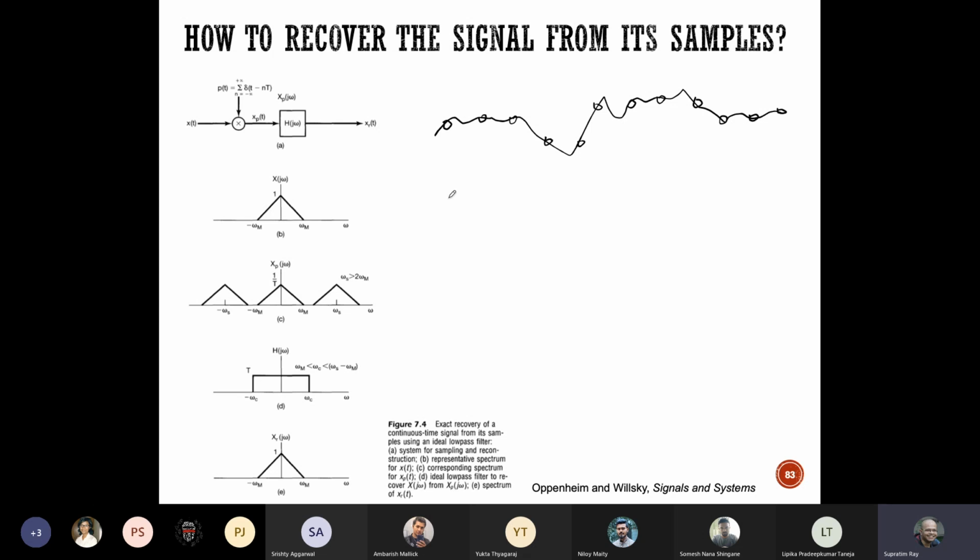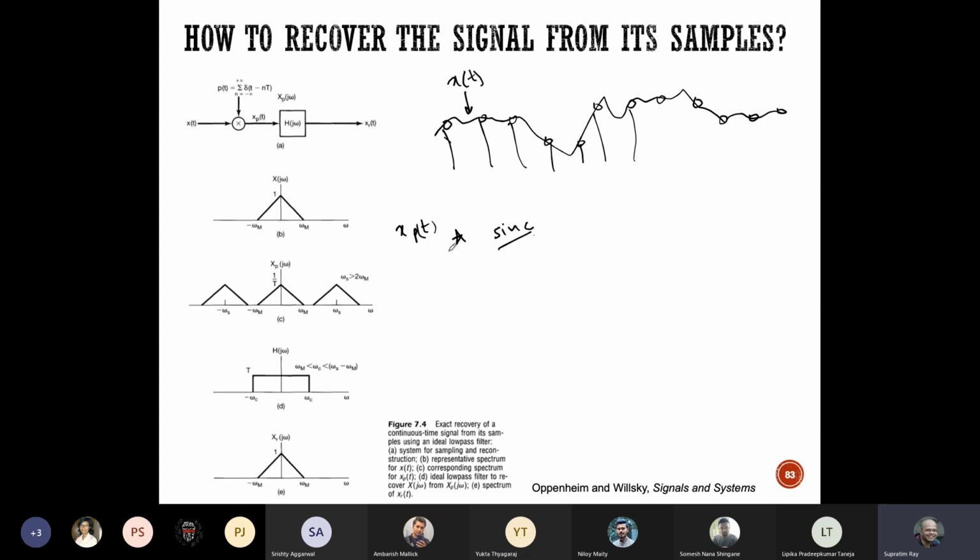So I give you those samples. So now you've got samples like those. If you convolve this sampled signal with a sinc function, you will get back this signal x(t).